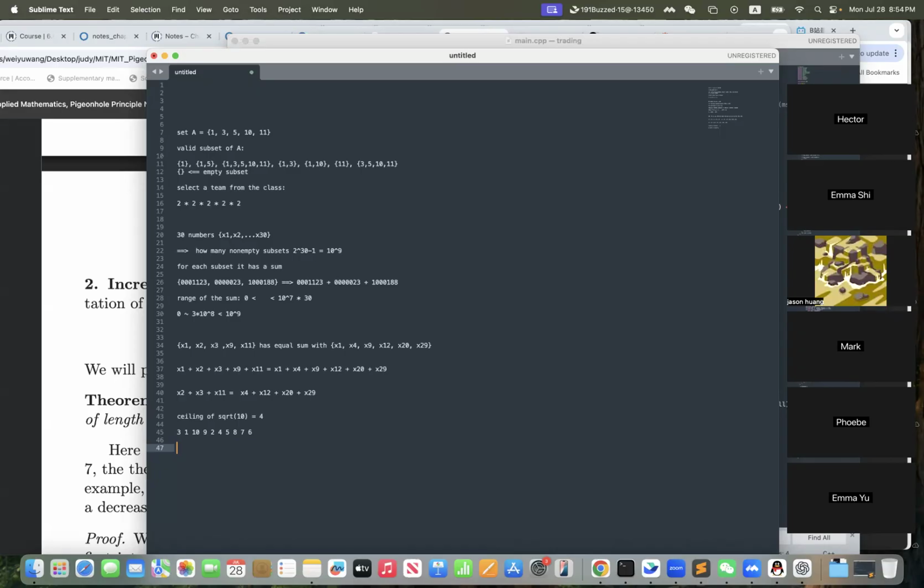So you need to give 4 numbers, at least 4 numbers. 1, 2, 3, 4? But 3 is before 1, right? So if you go 1, 2, you are already past 3, you cannot go back. Because it's a subsequence, it must be in the same order as this permutation. So you cannot have 1, 2, 3, 4. You can only have 3, 1, 2, 4, but that is not increasing.